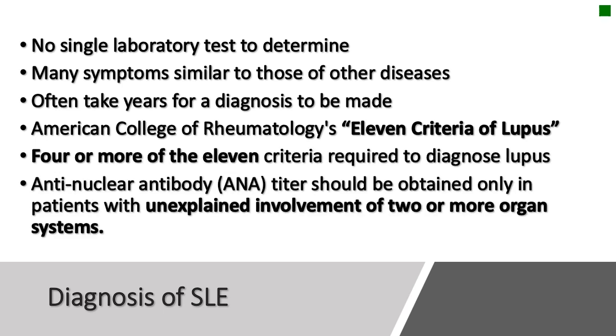One of these tests is the anti-nuclear antibody titer, the ANA test. It should be obtained only in patients with unexplained involvement of 2 or more organ systems. So don't jump the gun and send a patient straight away for this test, because as we'll see later, it can mislead.